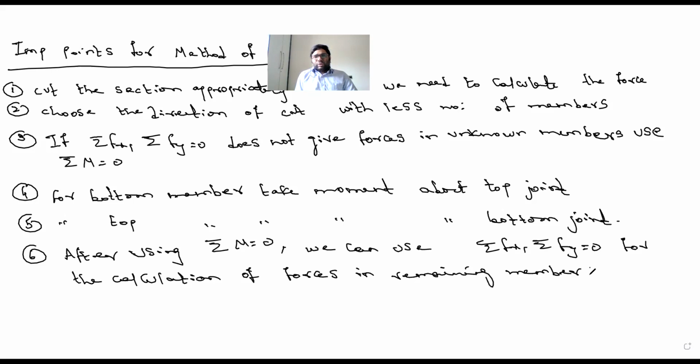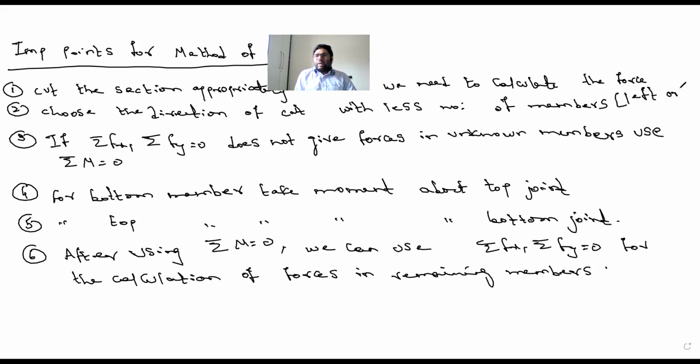Okay. So here, these are the 6 main points you need to remember while solving a problem using method of sections. Cut the section appropriately wherever you need to calculate the force. Choose the direction of the cut with the less number of members. Means, as I've already shown before, wherever you have left side or right side, I'll write it in the brackets.